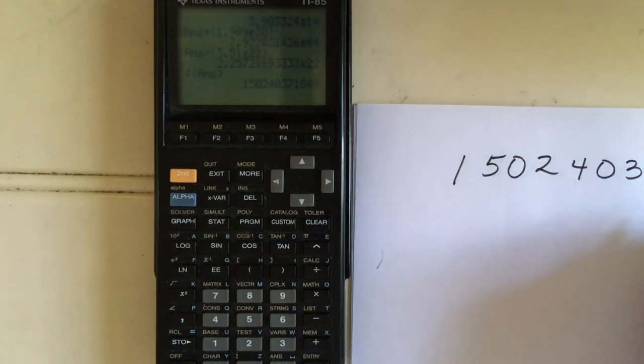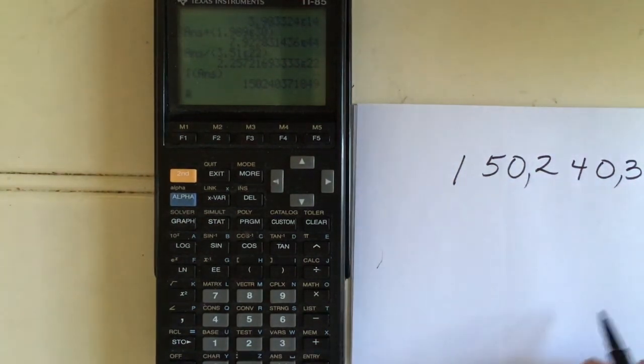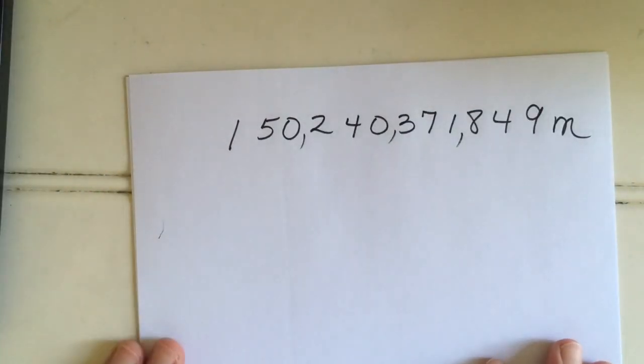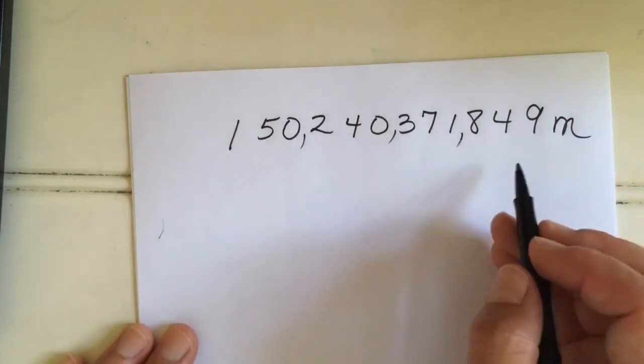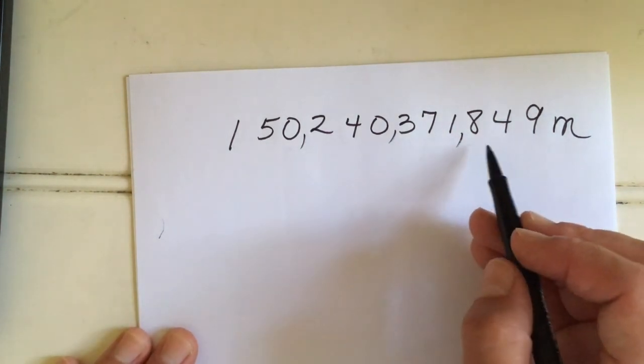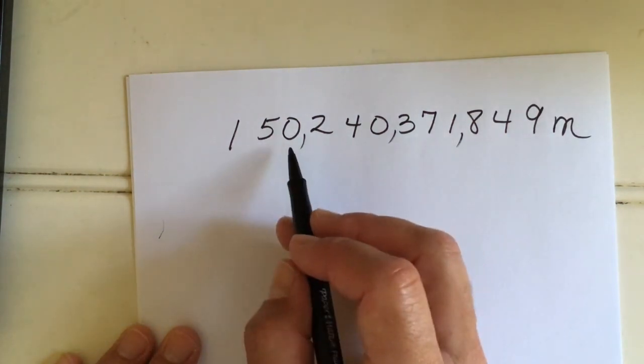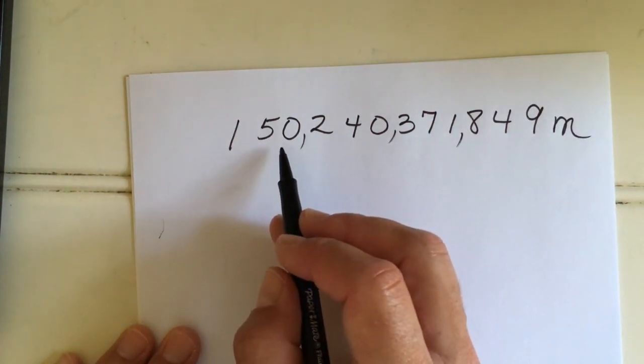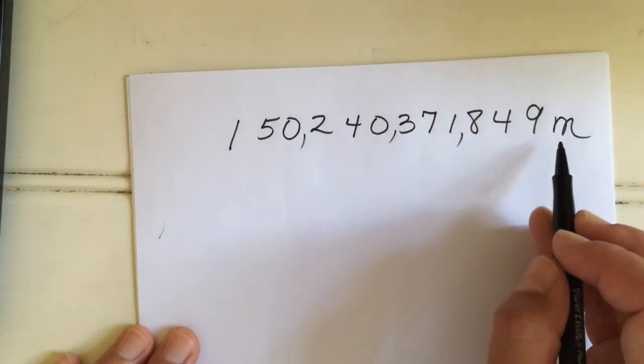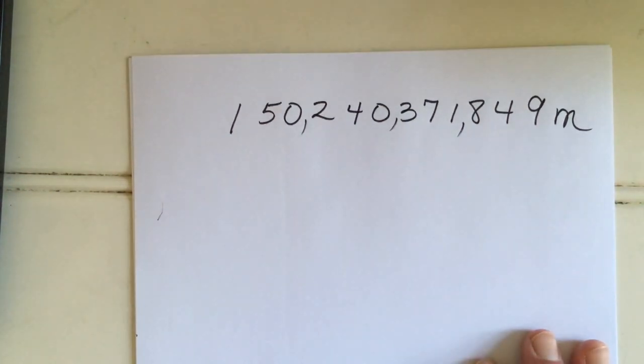All right, comma, comma, comma. And this is in meters. Remember what we said, it's in meters. So this would be thousands, this would be millions, this would be billions. So this is 150 billion meters. Okay, that's good.